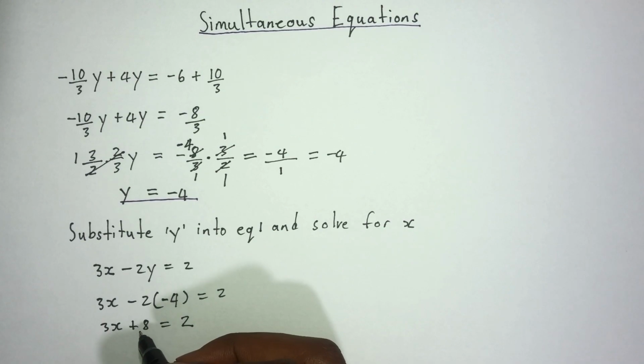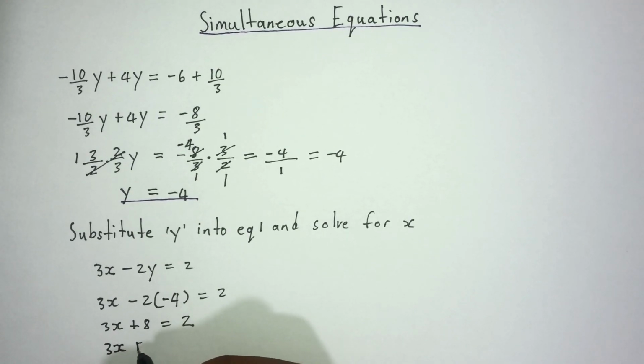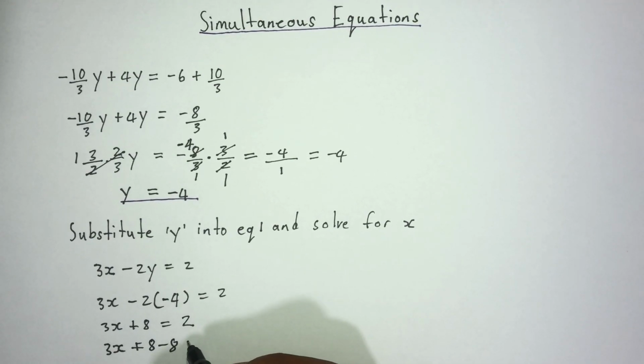We need to get x by itself, so we'll have to remove the positive 8, because we have 8 being added to 3x. So in order to remove this 8, we'll have to subtract 8. So 3x plus 8 minus 8 equals 2. And what we do on this side, we do on the other side.